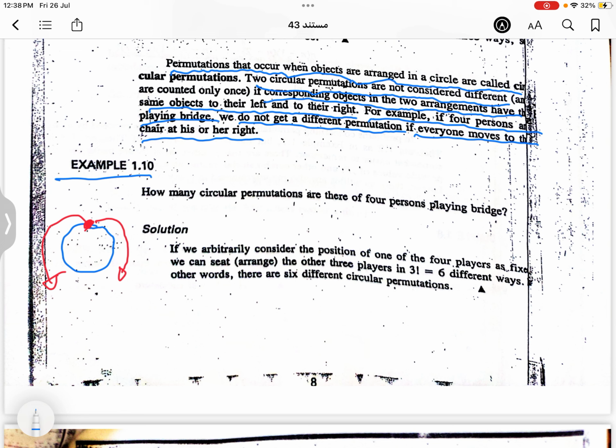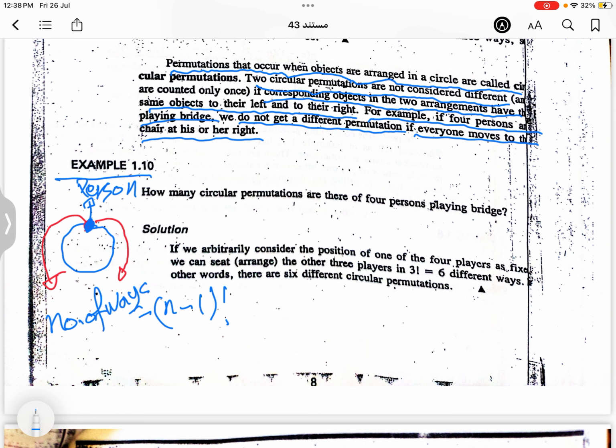If we arbitrarily consider the position of one of the 4 persons as fixed, we delete 1 from 4. Then you will still have 3 persons, so you will have n minus 1 factorial ways.